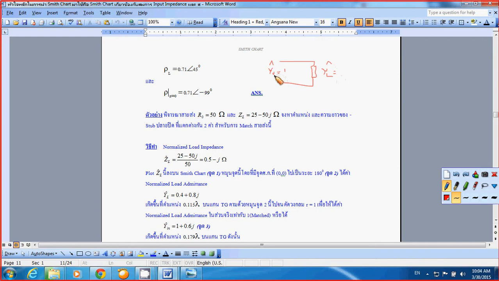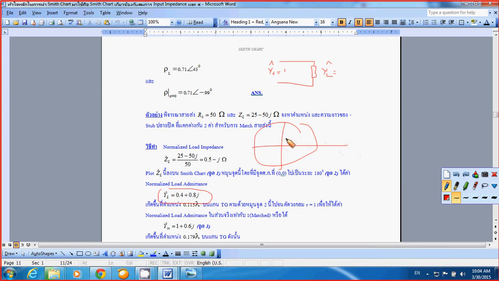YL normalized is not equal to Y0 normalized. For example here, you have YL normalized to be 0.4 plus 0.8j. I will go through how to get this number again by using the Smith chart. I just give you the rough idea here, okay?